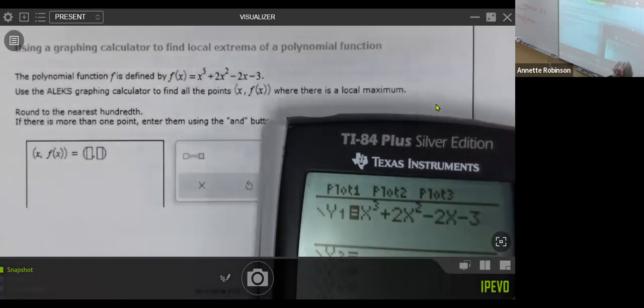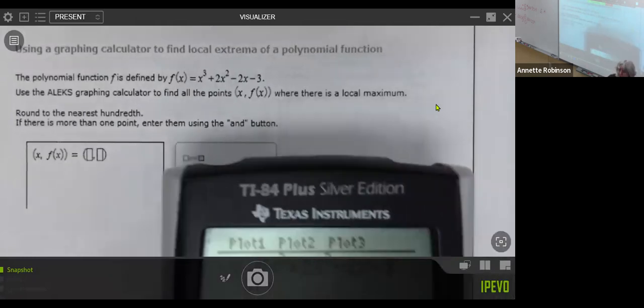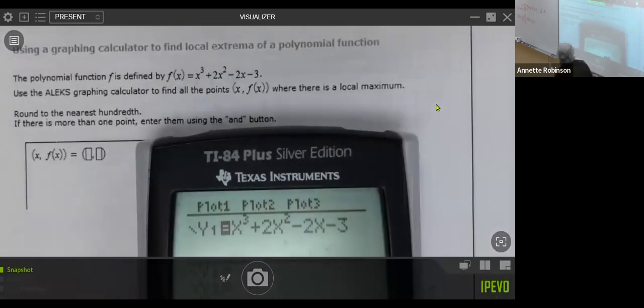So again, under the y equals button of your graphing calculator, put in function f of x. Remember, f of x is your y. We're dancing today, by the way. For 2 seconds. Everybody okay with me?